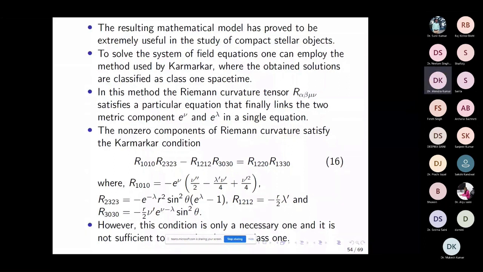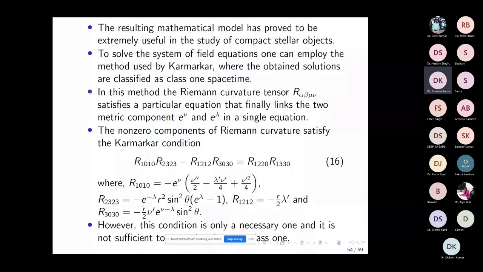The resulting mathematical models have proved to be extremely useful in the study of compact stellar objects. To solve the system of field equations, one can employ the Karmarkar condition, where the obtained solutions are classified as class 1 space-time. In this method, the Riemannian curvature tensors R_alpha beta mu nu satisfy a particular equation that finally links the two metric potentials, e raised to the power nu and e raised to the power lambda, in a single equation.